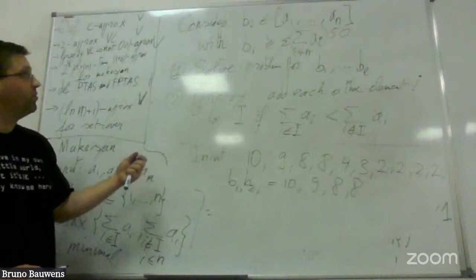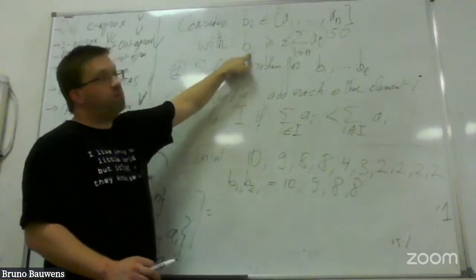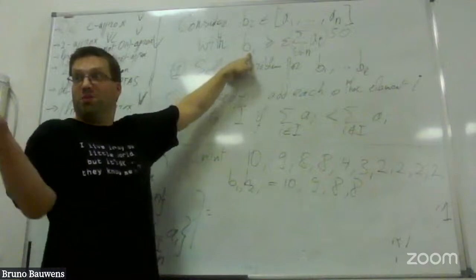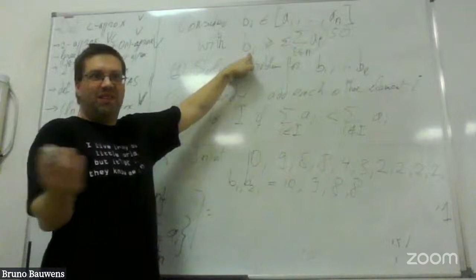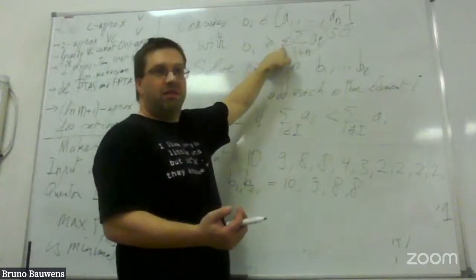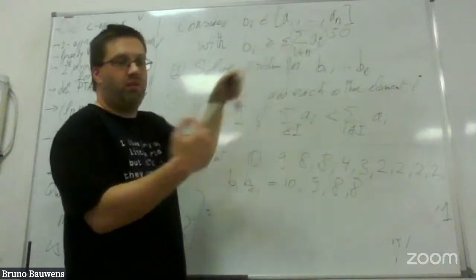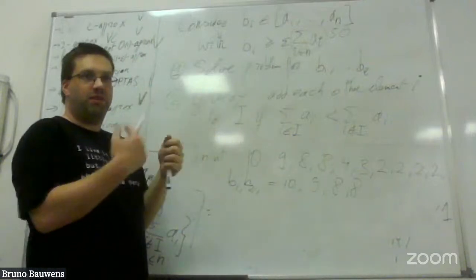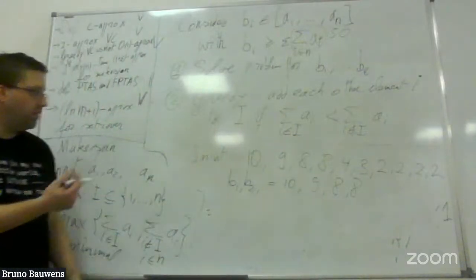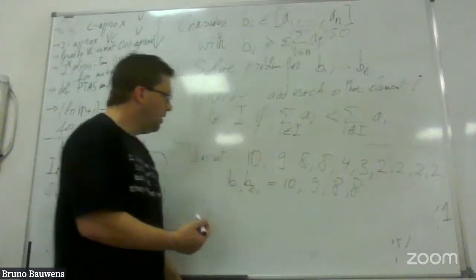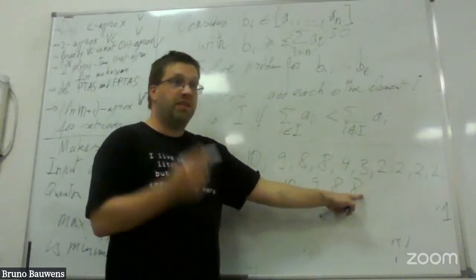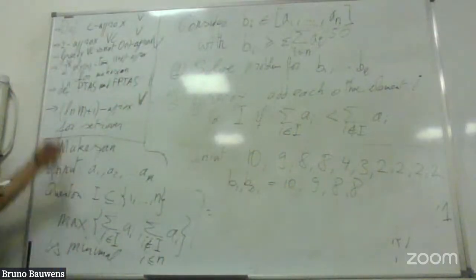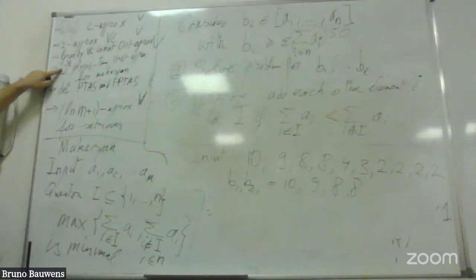When we do brute force, how many B's should we take at most? 1 over epsilon. We cannot have more than 1 over epsilon many elements that each take an epsilon fraction. It's like a Markov bound. So now we have at most 1 over epsilon elements and we brute force over these elements. That's why we have time 2 to the power 1 over epsilon times polynomial in n.